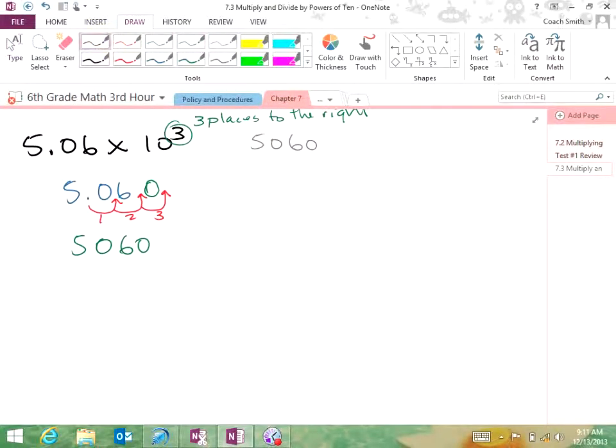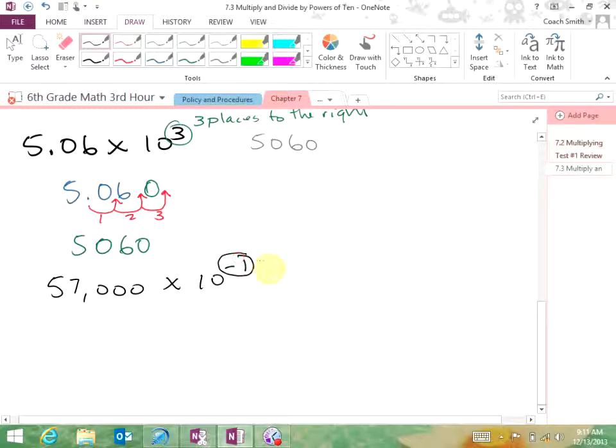Let's look at this one. 57,000 times 10 to the negative first. If we move it to the right, if it was 10 to the first, we'd move it to the right, correct? So if it's a negative, which way do you think we move it? To the left, okay? So we move it one place to the left.